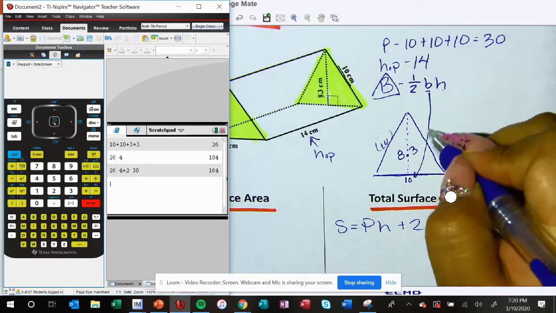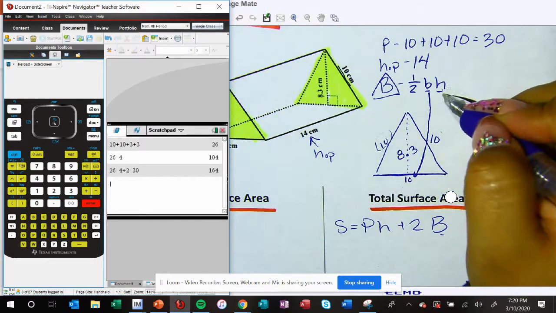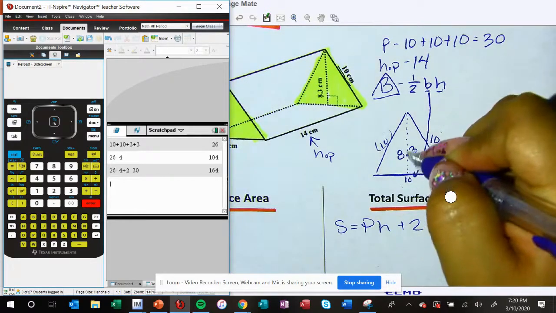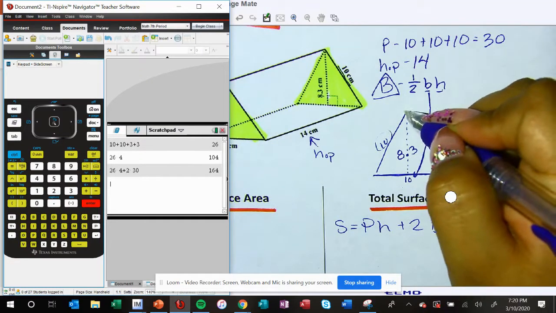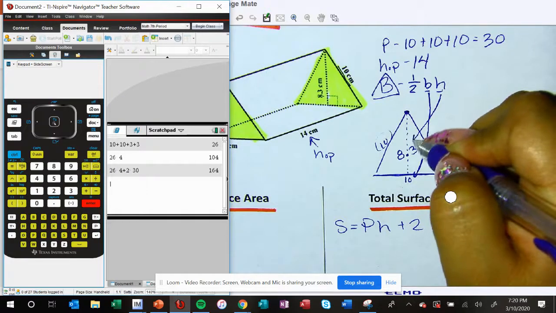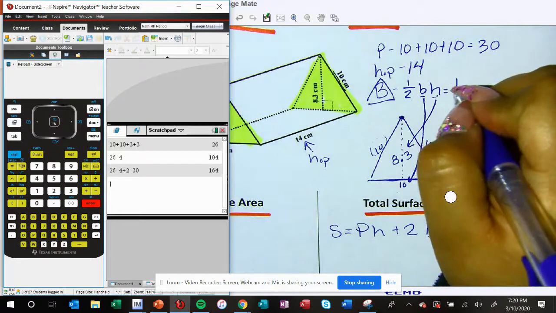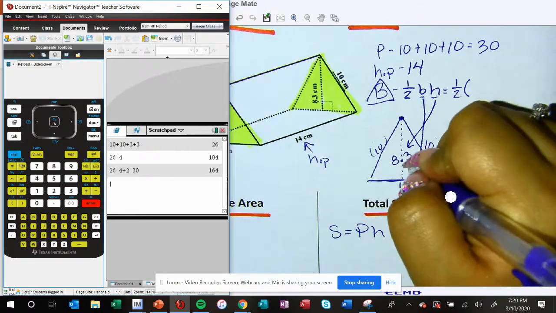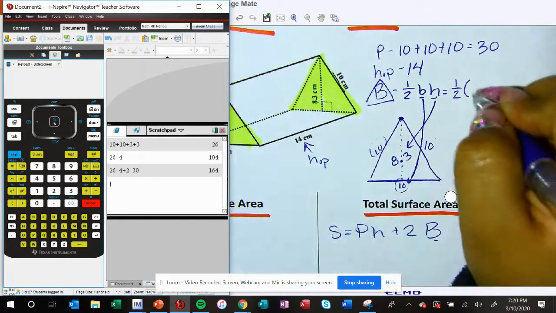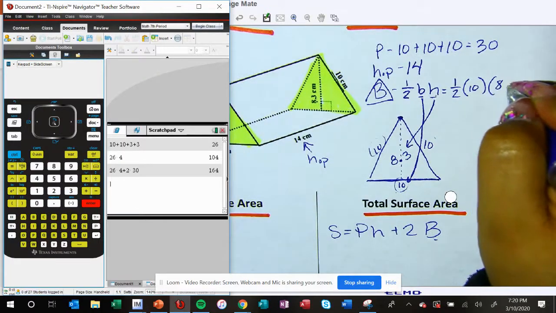Let me draw an arrow to it. And then the h of the triangle is what's in the middle, okay? Whatever goes up to this point here. So that is going to be this. So let me plug that in. 1/2. For the base, I'm going to be doing 10. And for the height, I'm going to be using 8.3.